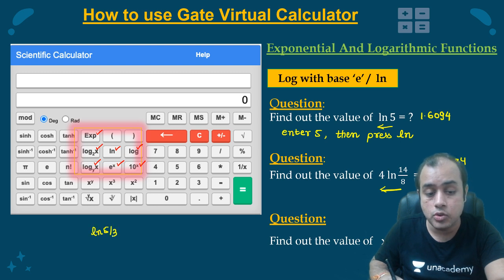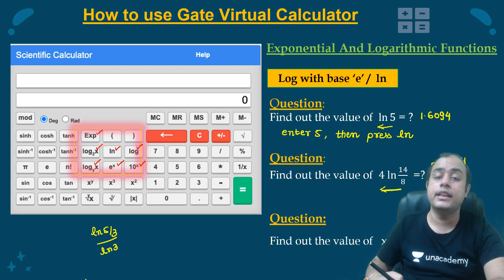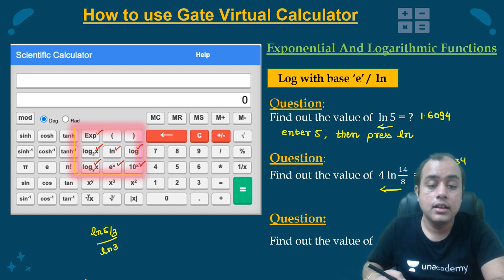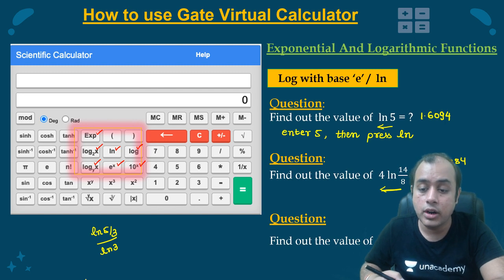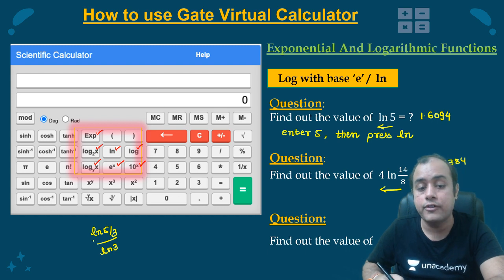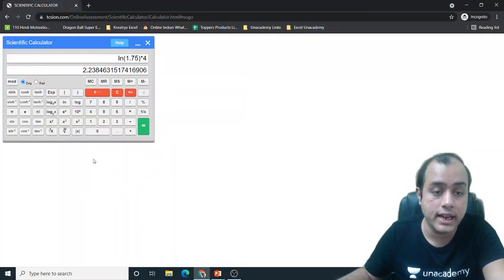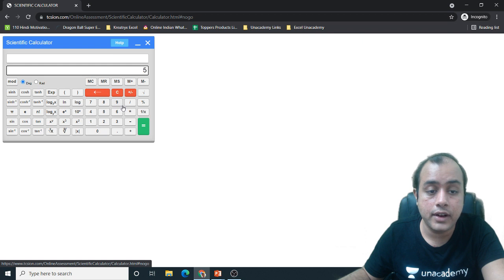Next it is asking us to find out log of 5 by 3 divided by log of 3. So what you have to do? You have to first find out log of 5 by 3. Again, first 5 by 3, then log, divided by 3 log.